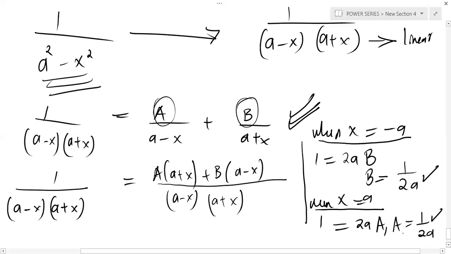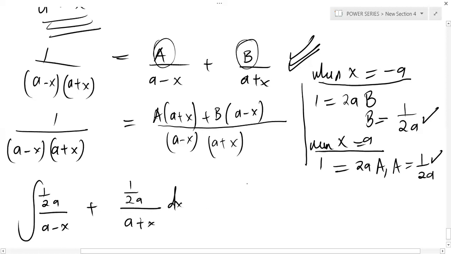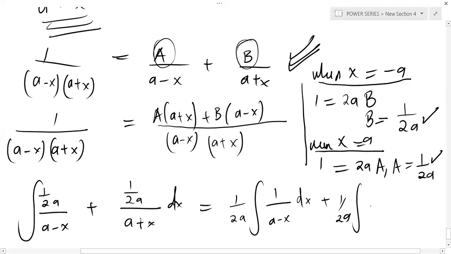So clearly we have the answer for A and for B, so we can now write it into its partial form. We are looking for the integral of 1 over 2a over (a minus x), plus 1 over 2a over (a plus x), dx. If I factor out 1 over 2a, I'll have 1 over 2a times the integral of 1 over (a minus x) dx, plus 1 over 2a times the integral of 1 over (x plus a) dx, written under separate integrals.